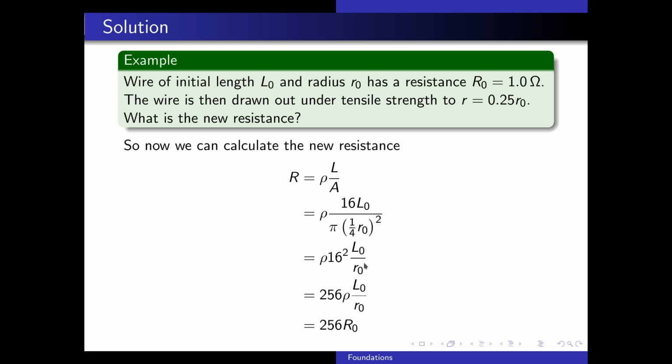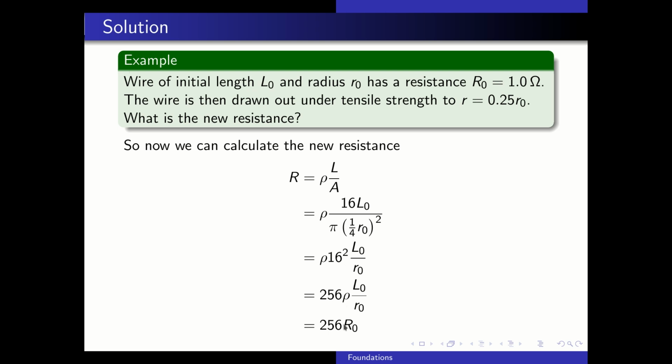It turns out this one actually won't affect the number in the calculation here. I just left those two terms off in these two lines. Rho does not change. The resistivity of the wire has not changed. And so I'm going to group these things together.